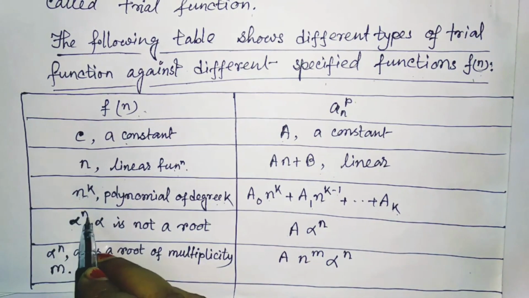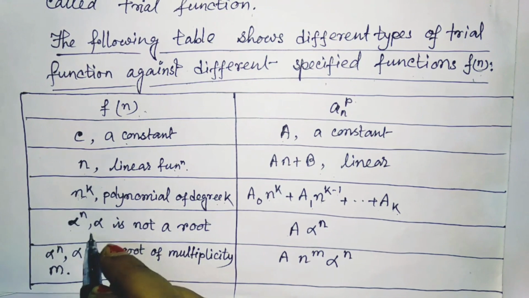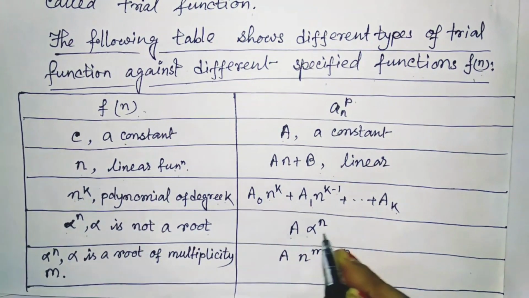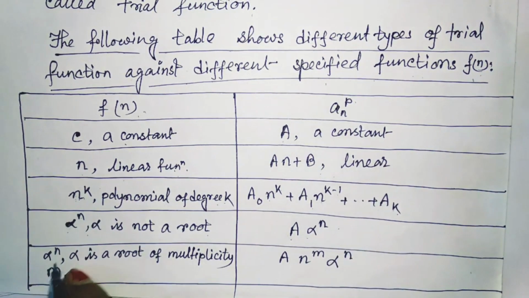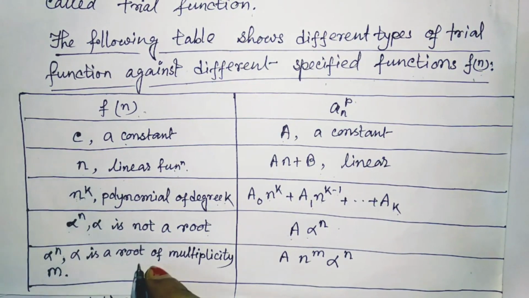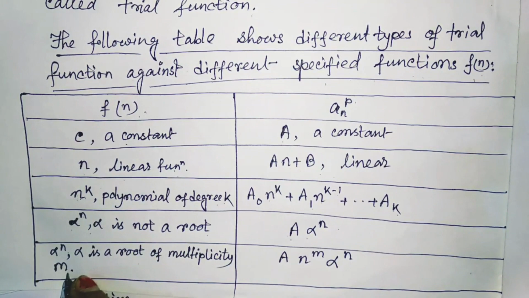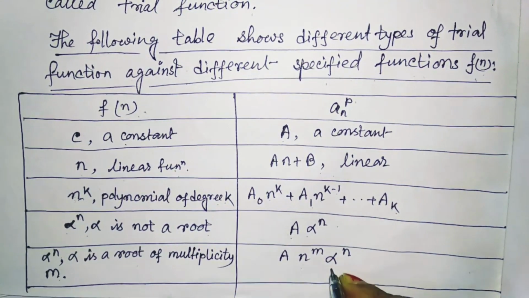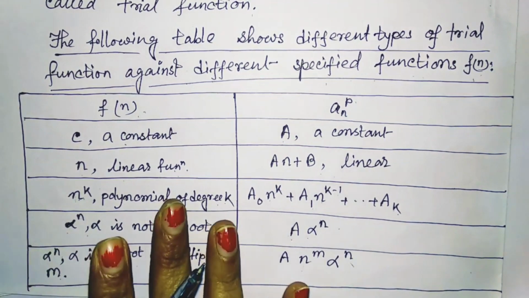If it is α^n, where α is not a root, then its trial function is a·α^n. Again, for α^n where α is a root of multiplicity m, its trial function is a·n^m·α^n.